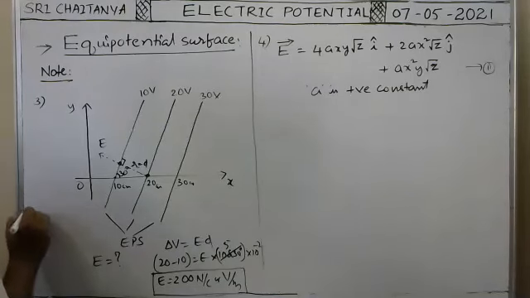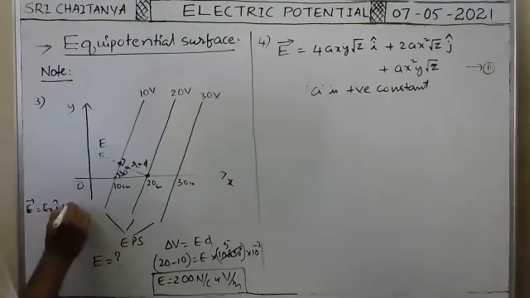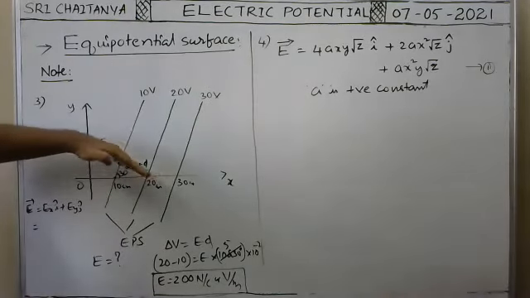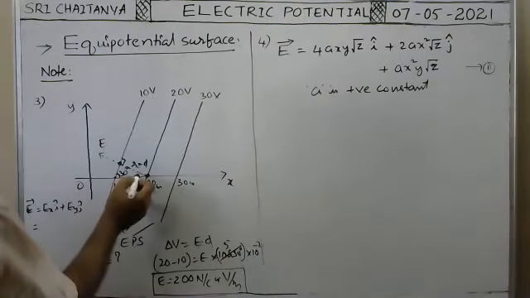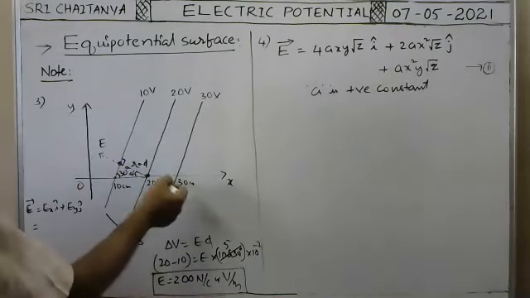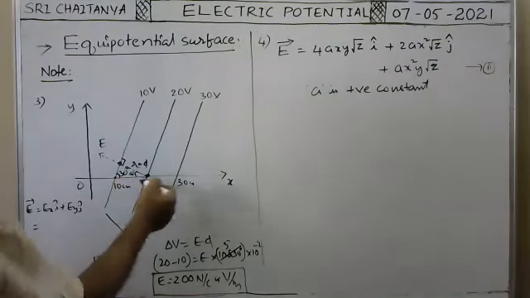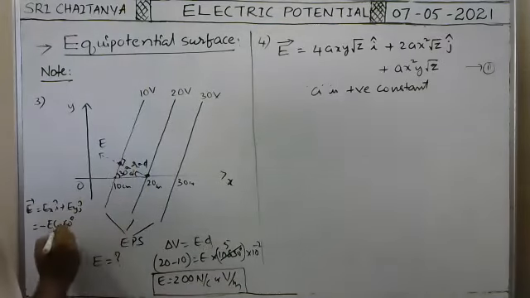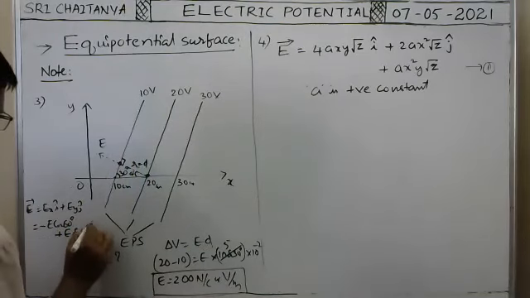Therefore, E bar is equal to Ex I cap plus Ey j cap. Ex means the x component of this electric field. If it is 30, definitely this angle is 60. The component of the electric field along the x-axis is E cos 60, but that is along the negative x direction, so minus E cos 60. The y component is along this direction, so plus E sin 60 j cap.